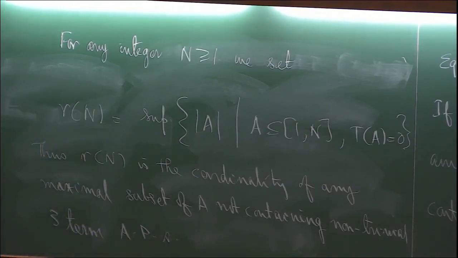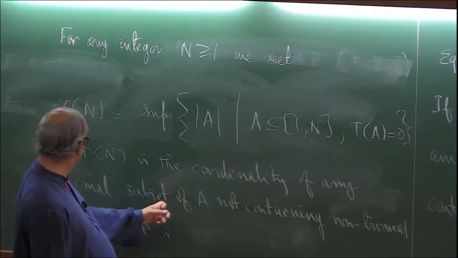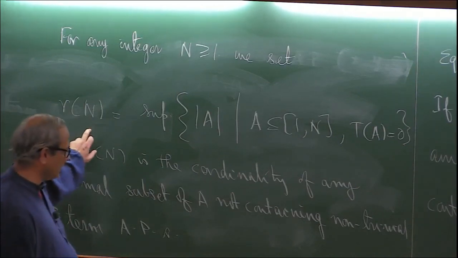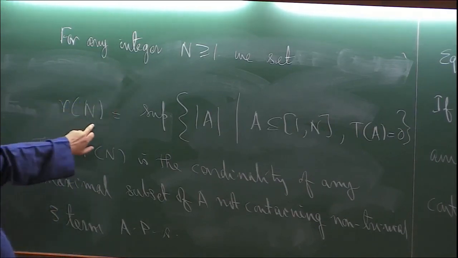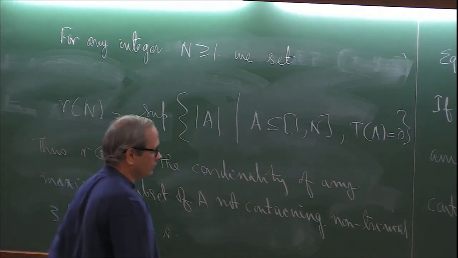So R(n) is the maximal size. You could have several sets of the largest size, but they all have the same size, and that number is R(n). The main point is that if a subset of 1 to n has cardinality strictly bigger than R(n), then it has non-trivial 3-term APs. That's what one needs to remember from this notation.